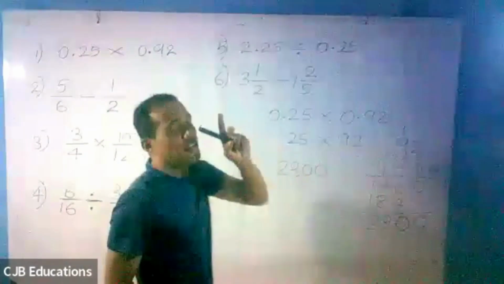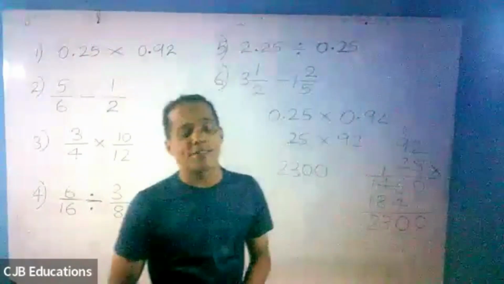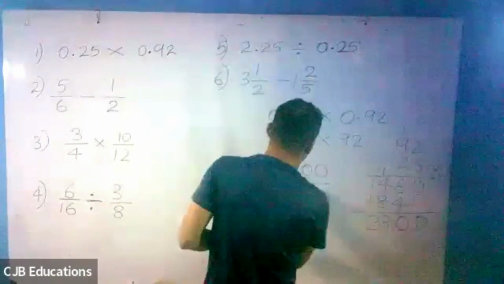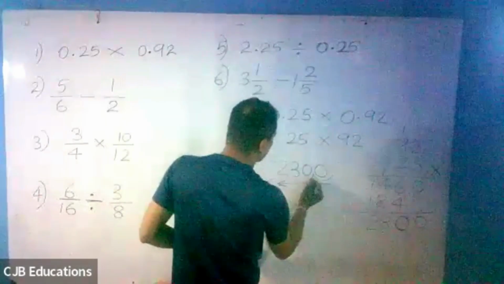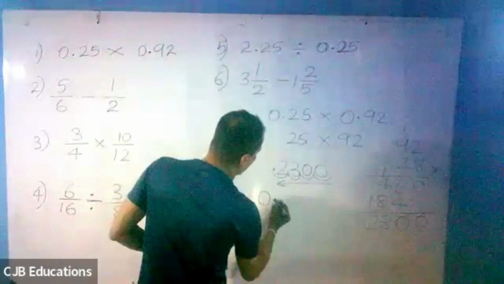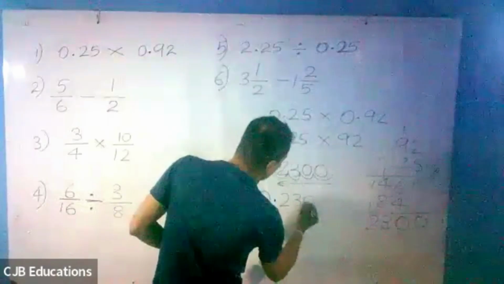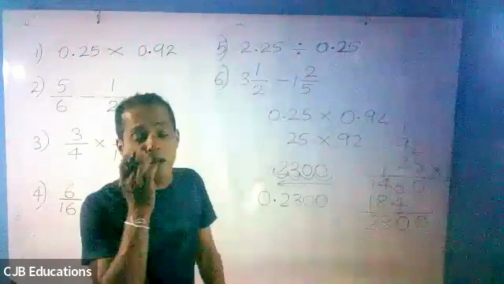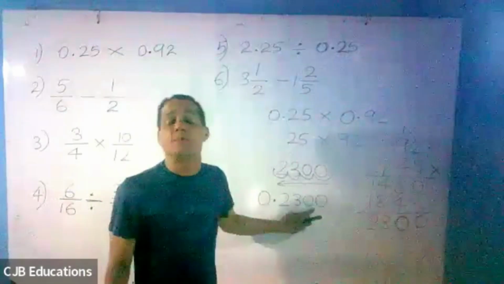Now we have to keep the decimal places for this answer from end to front, in that direction: 1, 2, 3, 4. Then it becomes 0.2300. Then we can remove the zeros at the end of the decimal value.